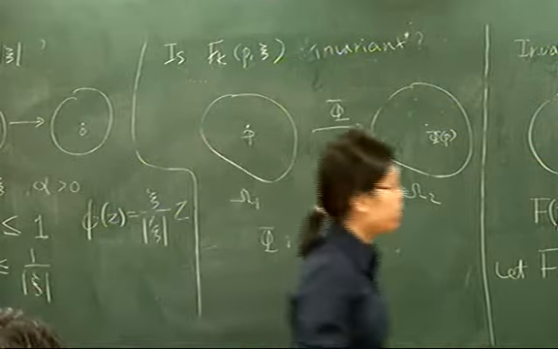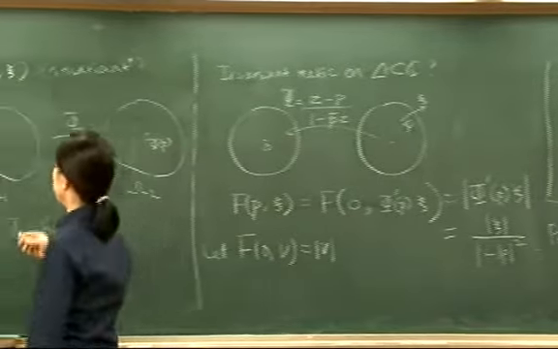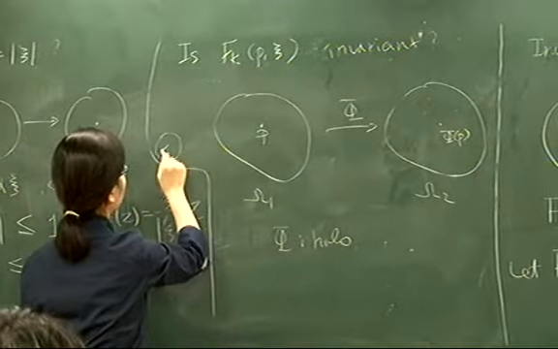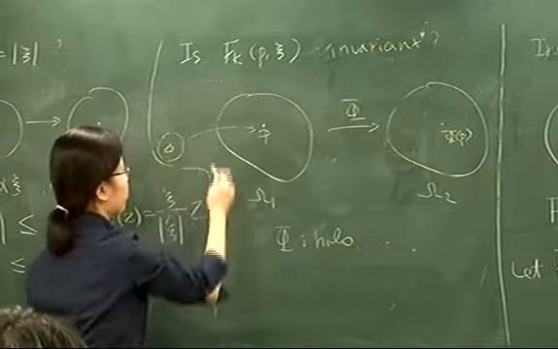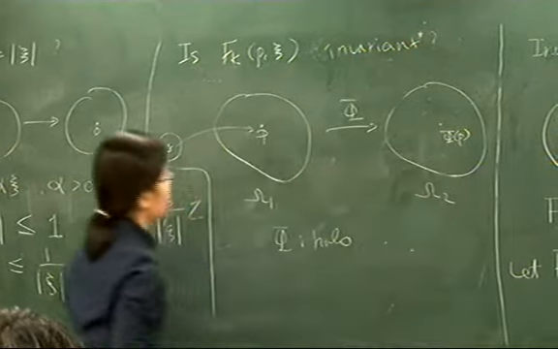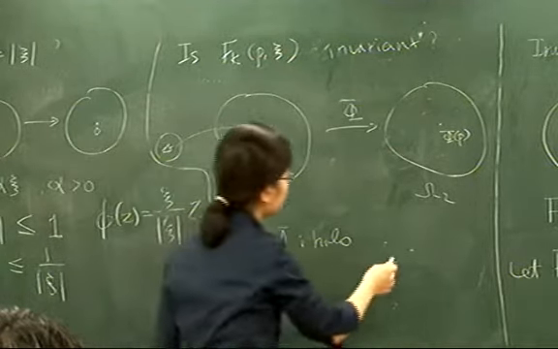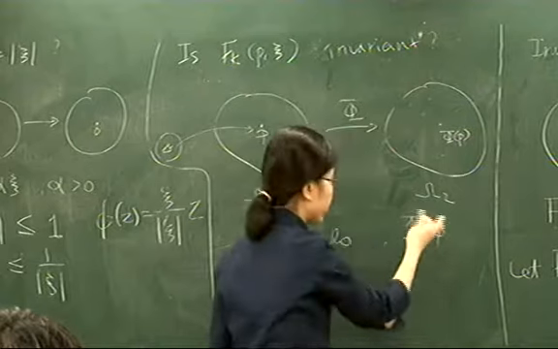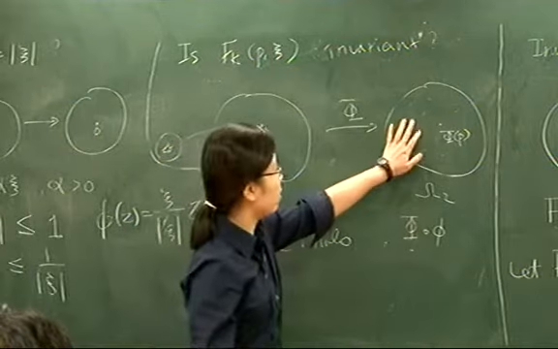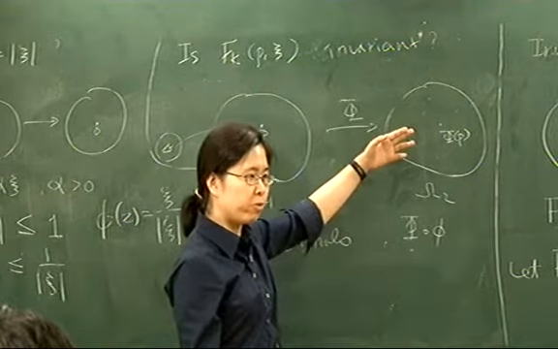Then we are taking the maximum possible α's and then taking the inverse. The candidates for such α's come from mappings from the unit disk that send 0 to p. But then the candidates for the metric at φ(p) include those candidates, because you can take the composition. So these are also candidates for the metric on Ω2. So this domain has more choices of mappings, hence the supremum must be larger.